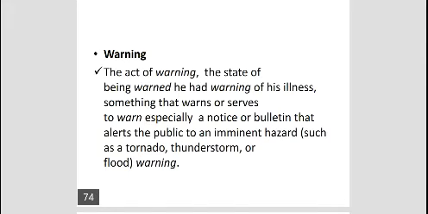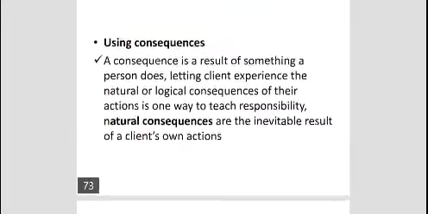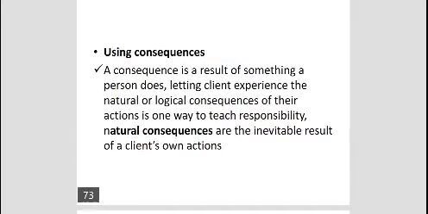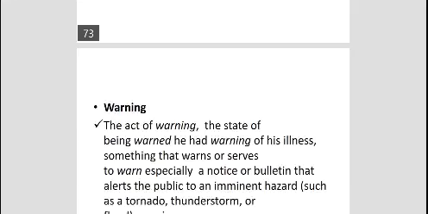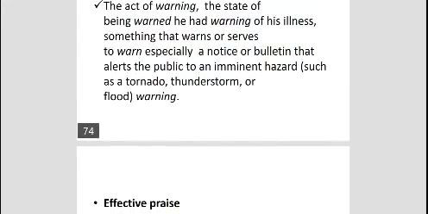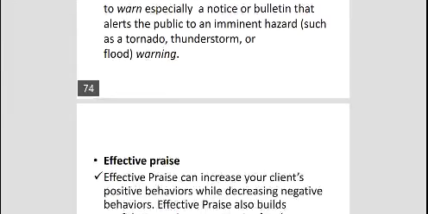This is called a warning. When you try to catch the definitions of natural consequences and warning, I think these are the most important guidance techniques among those mentioned at the start.